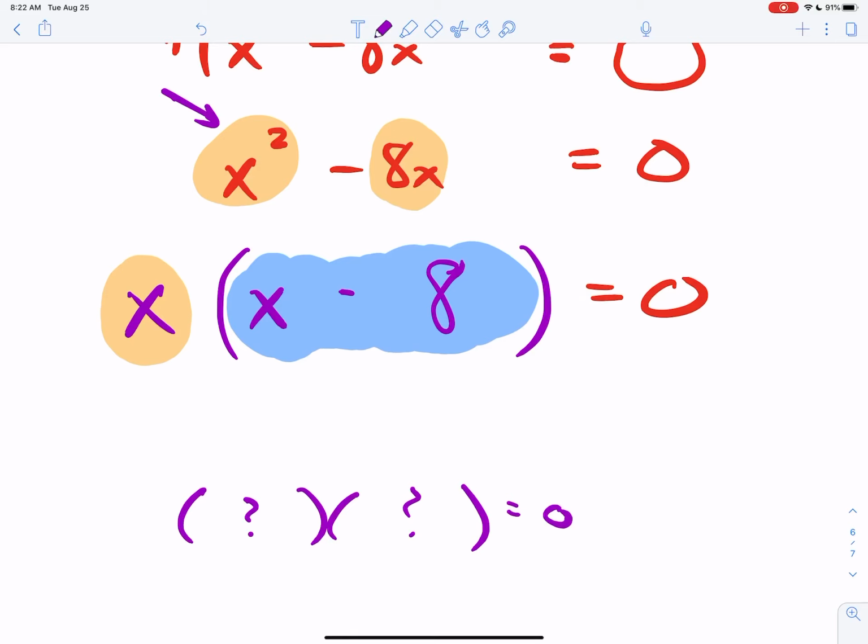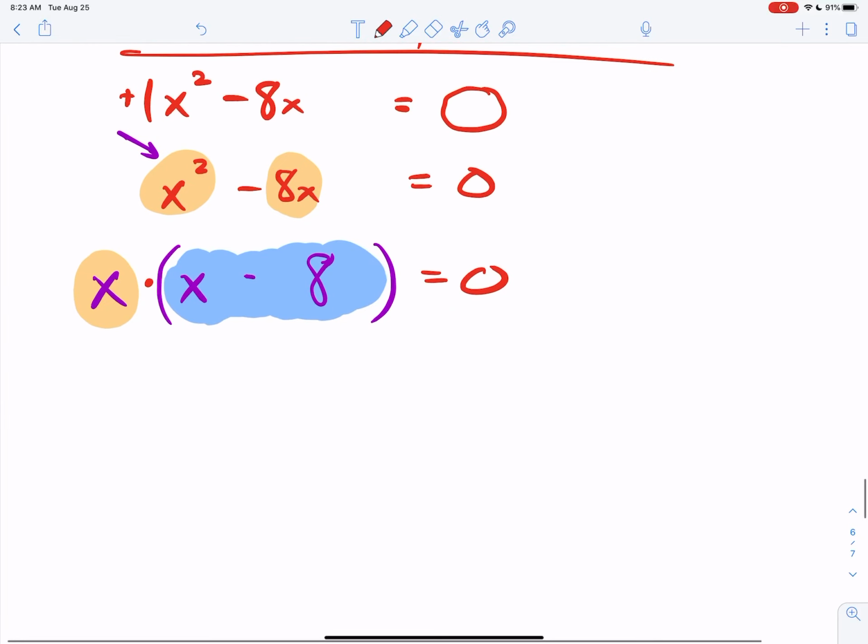Isn't there like a little multiplication symbol right here? Okay, so don't be confused by that. So here we go. We can still use the 0 product property because we have a product, although not the most popular type. It is still a product that's equal to 0.